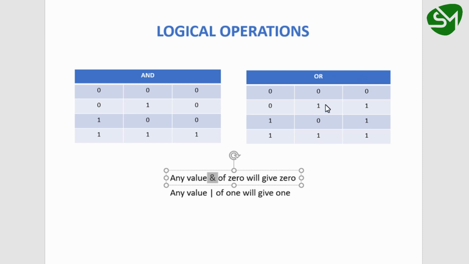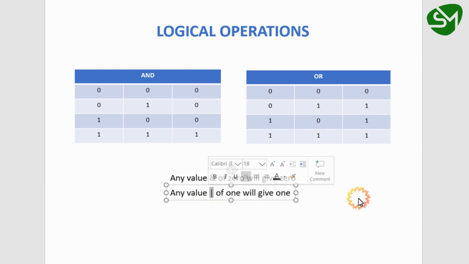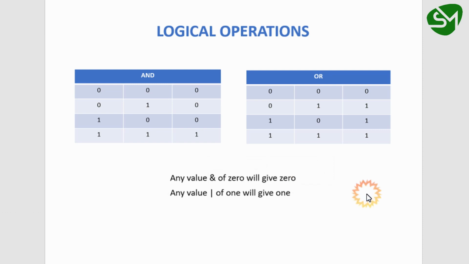And regarding the OR, 0 0 will give the result 0, 0 1 will give the result 1, 1 0 will give the result 1, and 1 1 will also give the result 1. So this is the truth table for the OR gate, and this is the symbol for performing OR in our program. We will be using these two operations most often for setting and clearing the bits in the registers. That's why I am reminding you of these two gates.